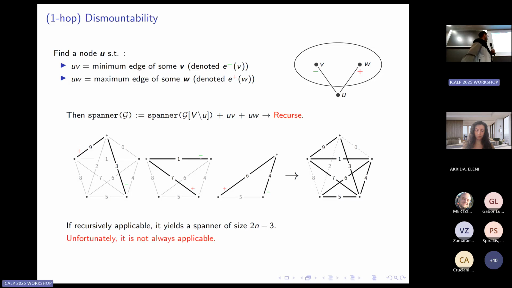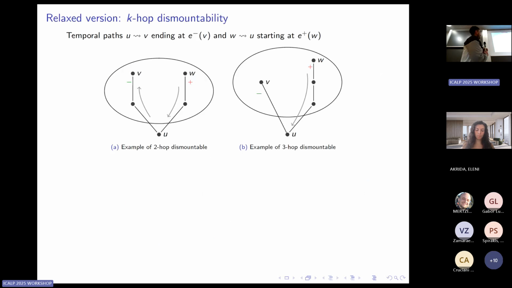The problem is that it's not always possible to find a dismountable vertex. So we relax a bit the definition of dismountability, and instead of using all the edges, we use paths.